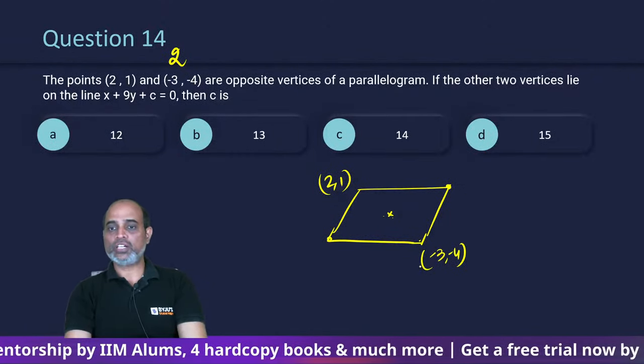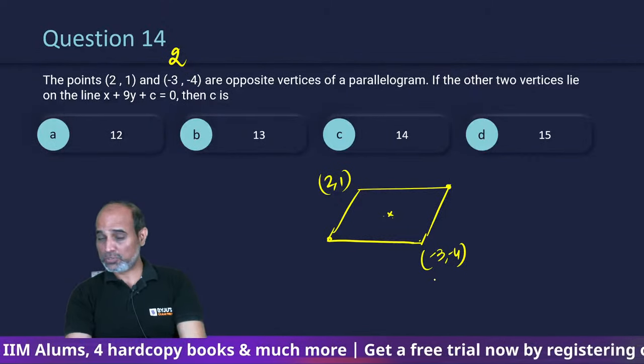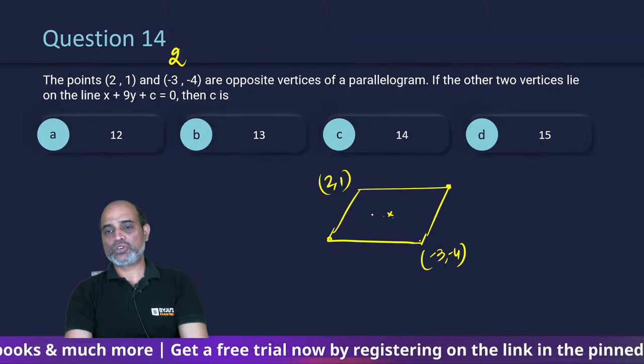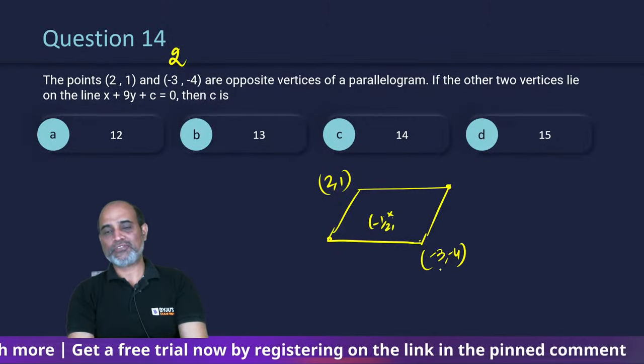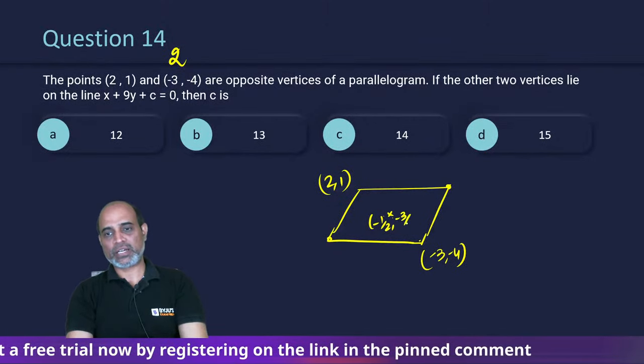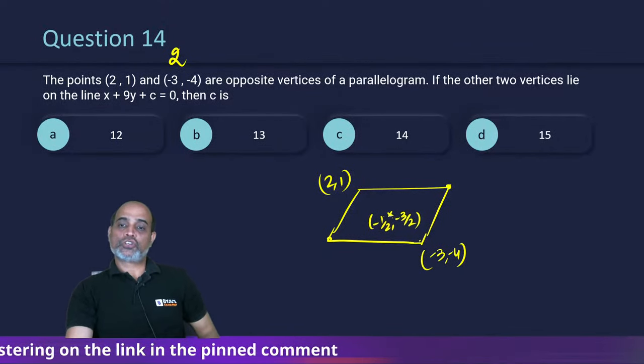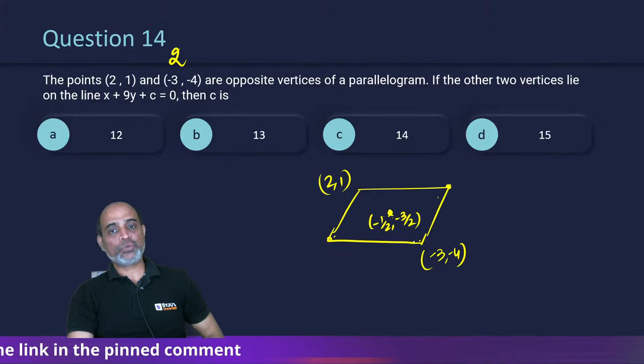So this will be the average of 2 and -3. This is how you calculate the midpoint of 2 points. The average of 2 and -3 is -1/2, and the average of 1 and -4 is -3/2. So this is going to be the midpoint of the other two as well.